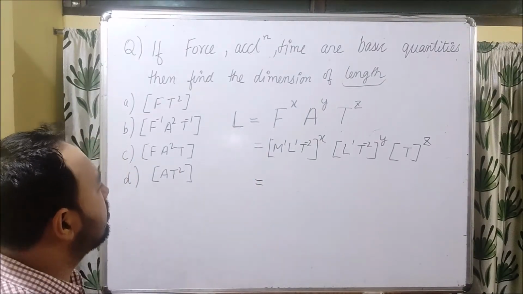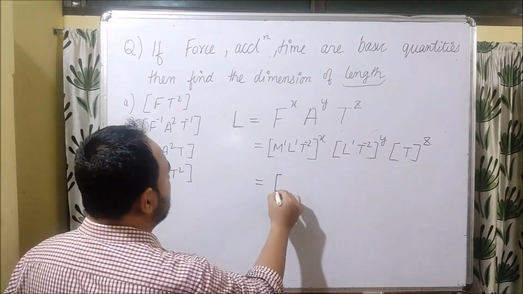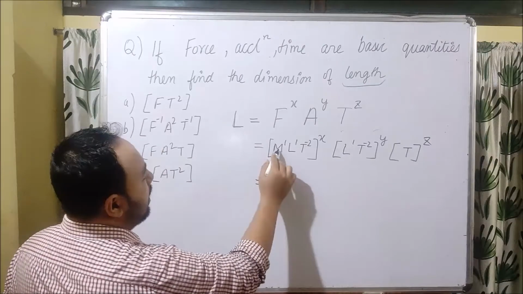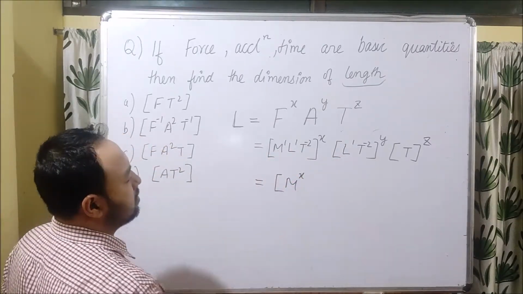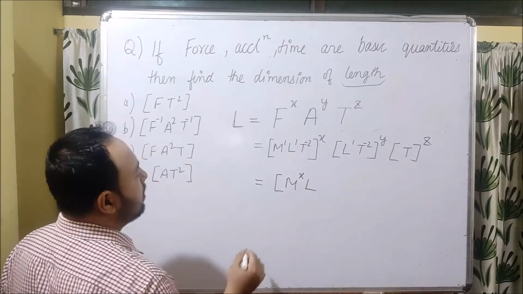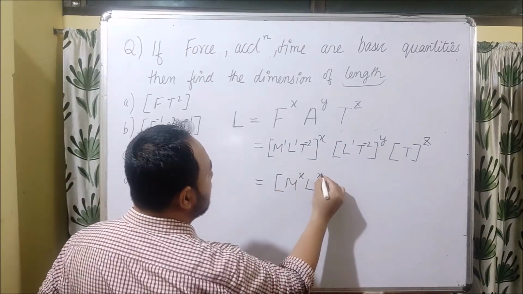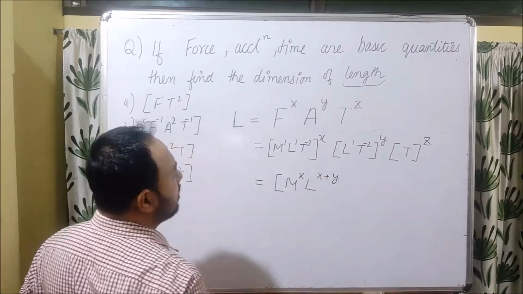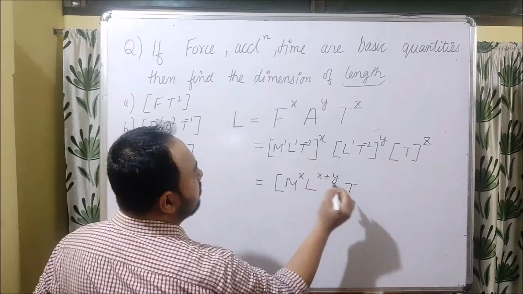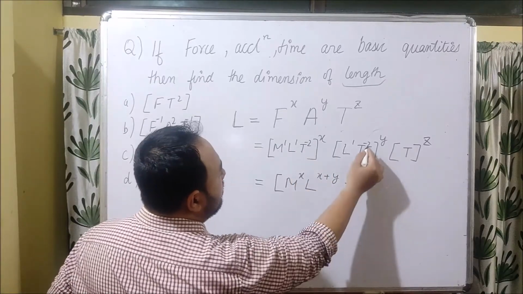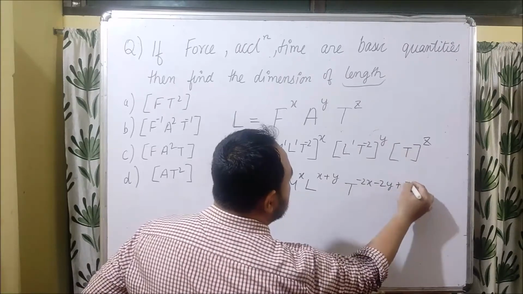So now m will have power x. For L it is here x and y, so x plus y. Then for time it is minus 2x minus 2y plus z.